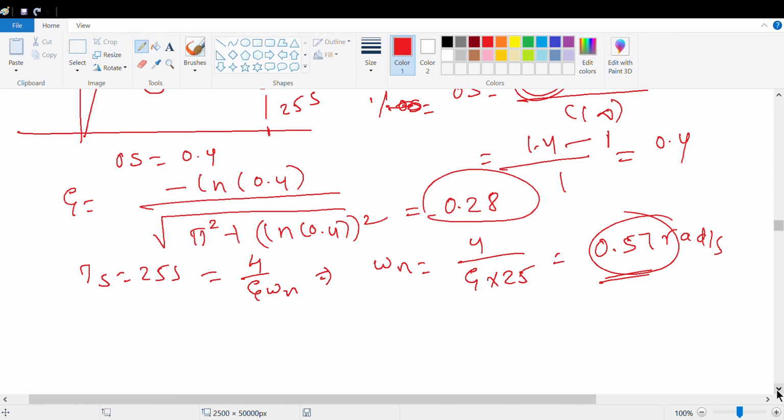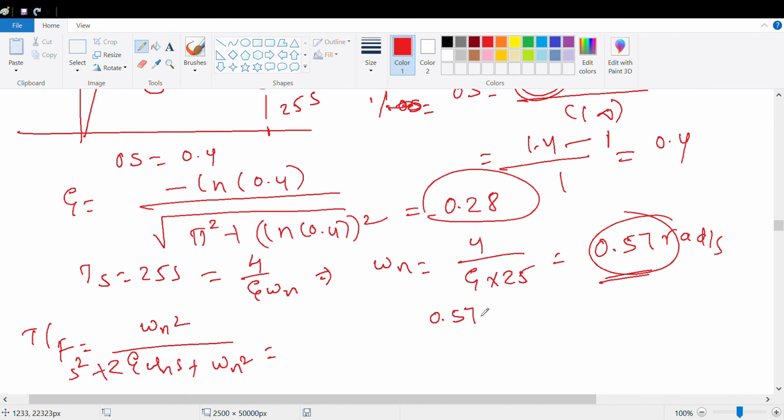Now the transfer function is omega n square by s square plus 2 zeta omega n s plus omega n square. Therefore omega n square means 0.57 square, by s square plus 2 zeta omega n, where zeta is 0.28 and omega n is 0.57, plus omega n square, 0.57 square.